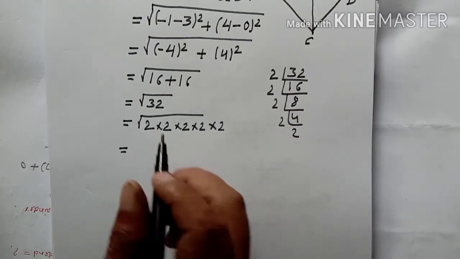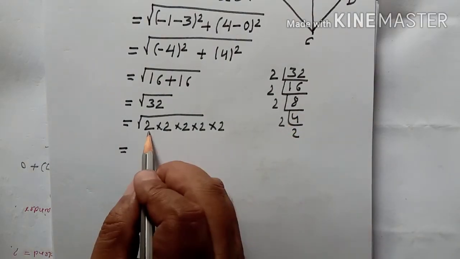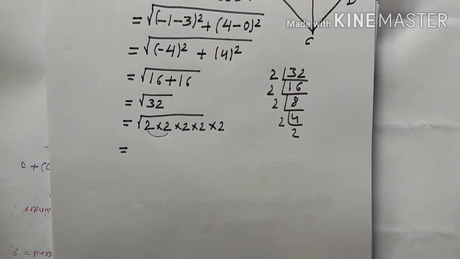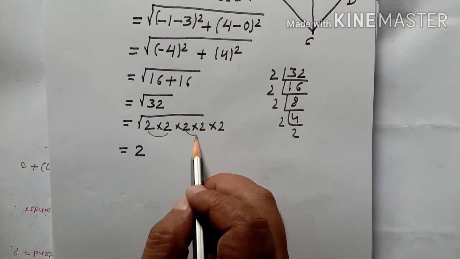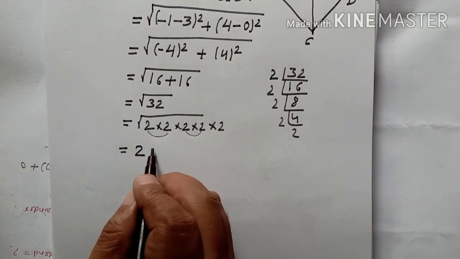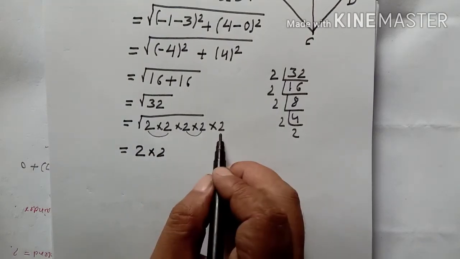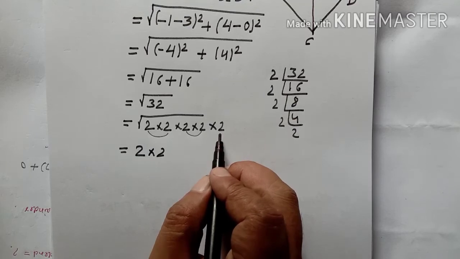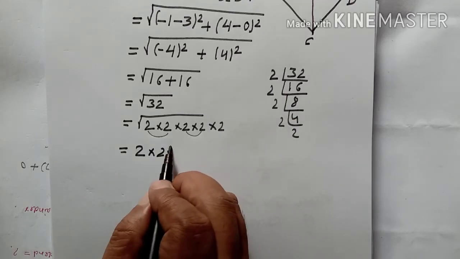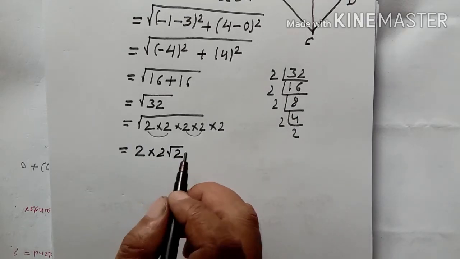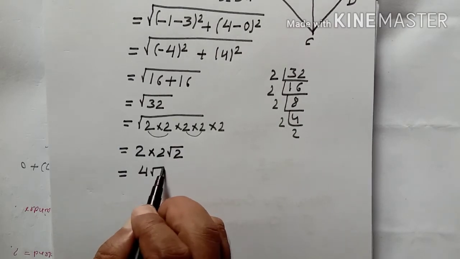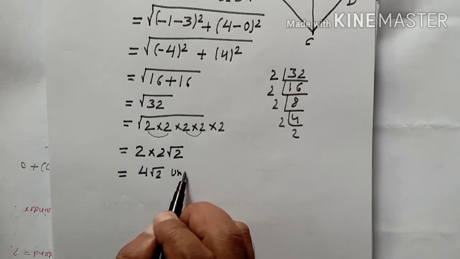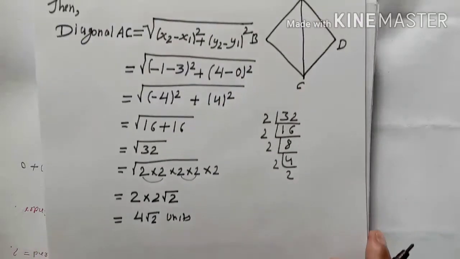Now we can see whether they can form pairs. From one pair we take 2, from another pair we take one more 2. The prime number 2 is left unpaired, so it stays within the root. So 2 times 2 is 4 root 2 units. That is how I got diagonal AC.